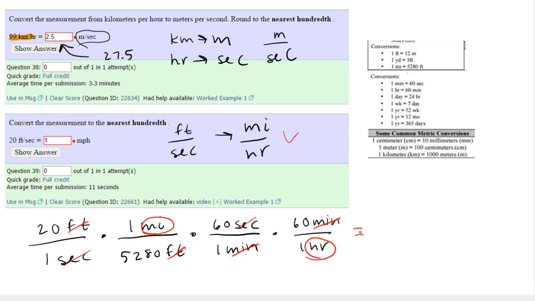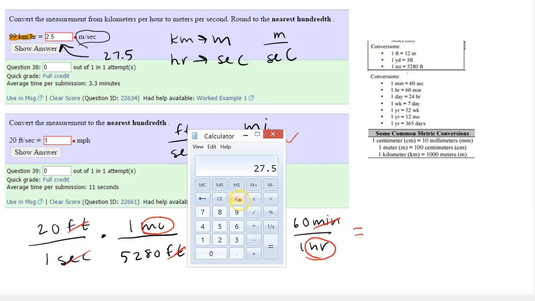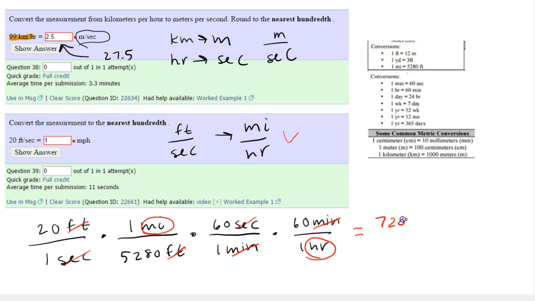So on top we have 60 times 20. I think that's 72,000, but let's just check. 60 times 20. Oh, I was right. 72,000. And on the bottom, we have 1 times 1 times 1 times 5,280, miles per hour.